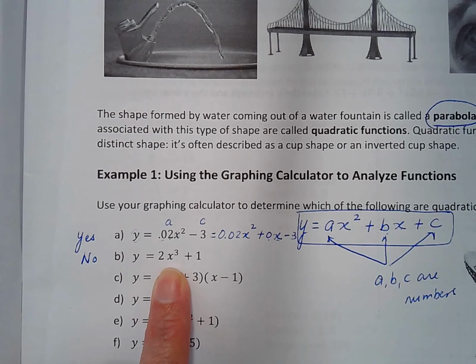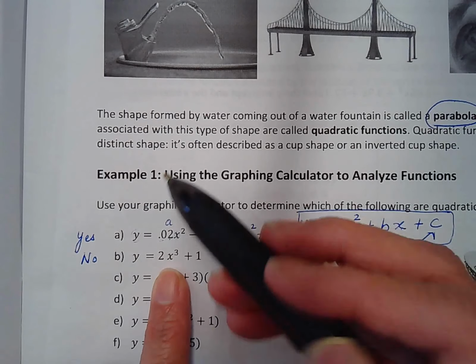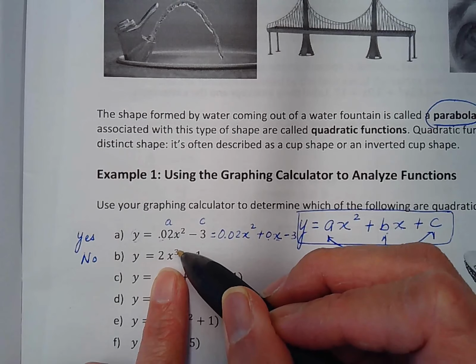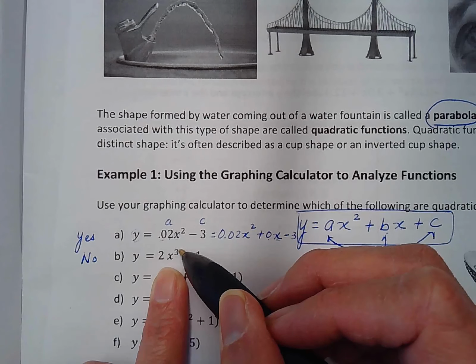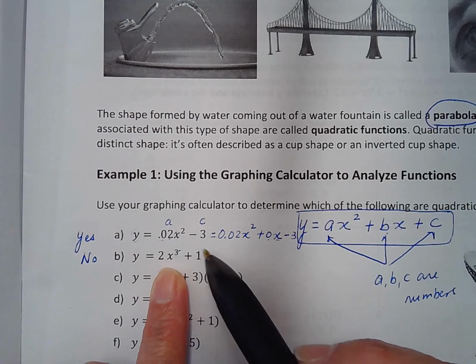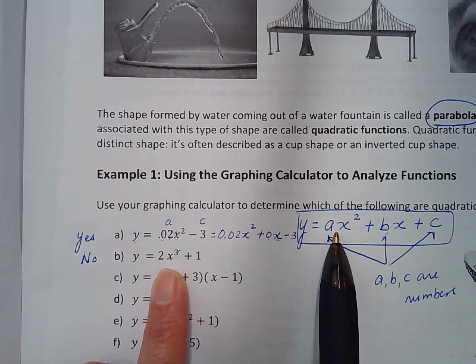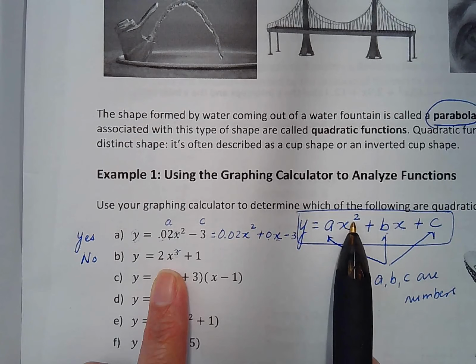Because of the cube, right? When you look at the equation, it has to be squared. That's what makes it a parabola, right?